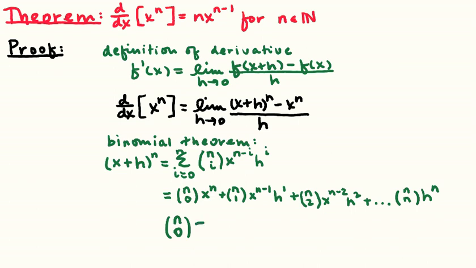So n choose 0 is always 1. And n choose 1: if I have a group of 30 and I need to choose, say, my favorite student, there's 30 different ways I could choose. I could choose any of the 30. So n choose 1 is going to be n. The rest of them are not going to be important for reasons that you will see as time goes on.